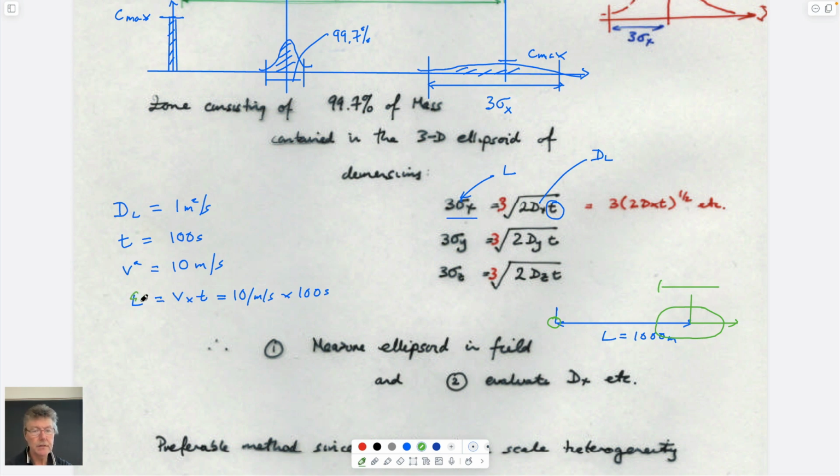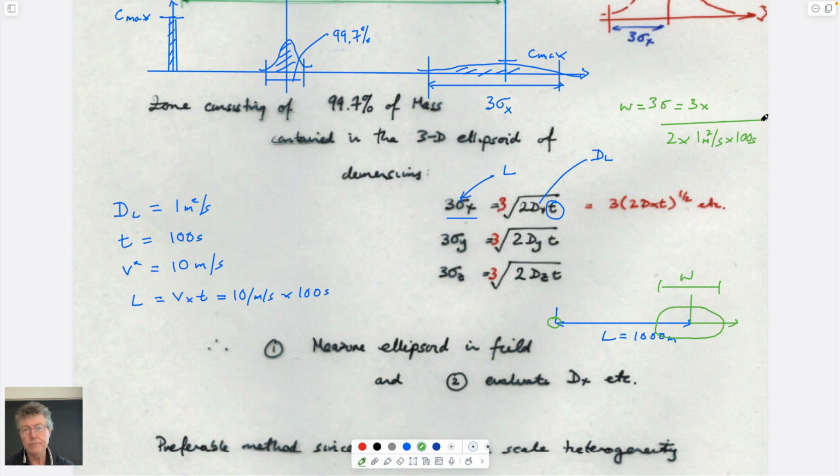Let's still call it L, and let's call this the width W. So W equals 3 sigma equals 3 times the square root of 2 times 1 meter squared a second times 100 seconds.